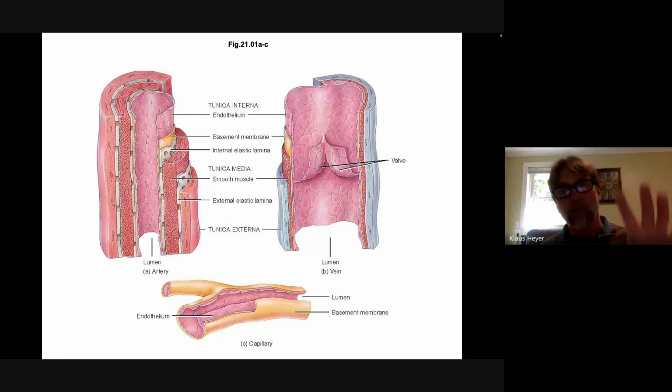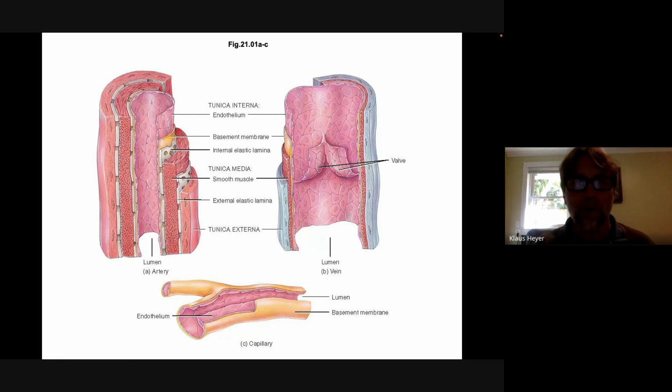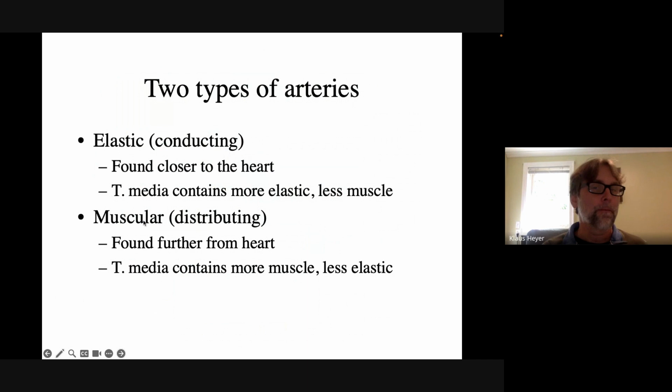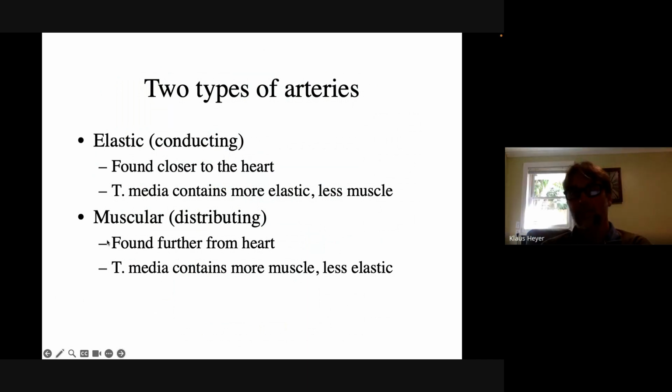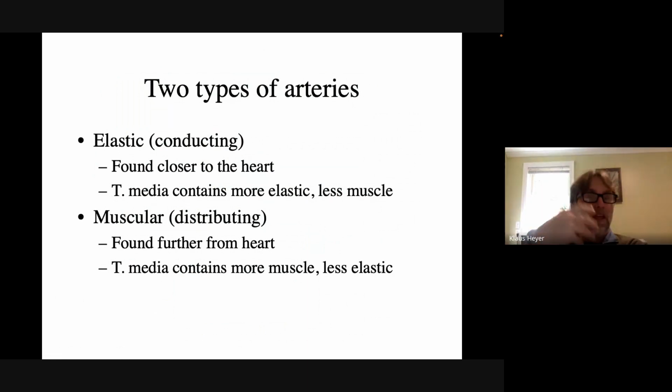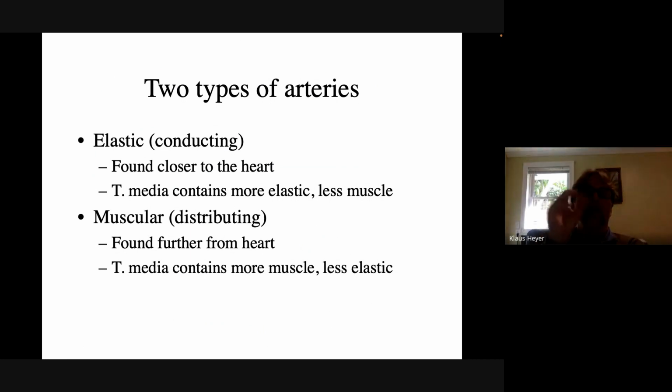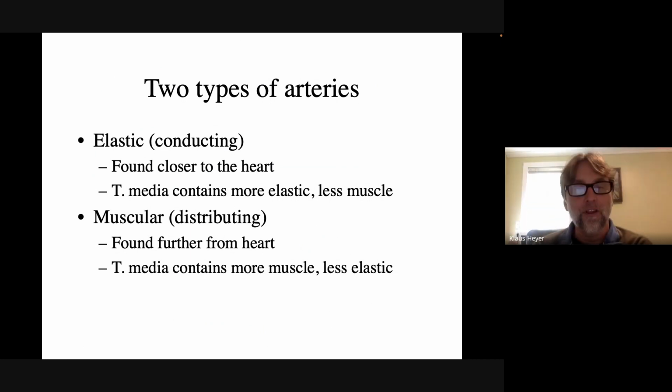This particular artery is further away from the heart, so it's a muscular artery, right? You don't want to constrict blood vessels that are next to your heart because that's going to impede the flow of blood coming out of your heart.